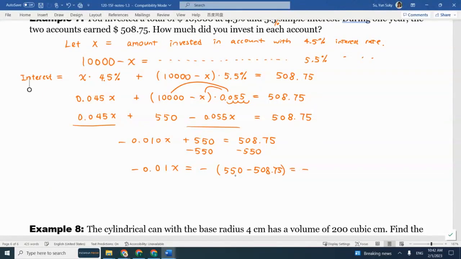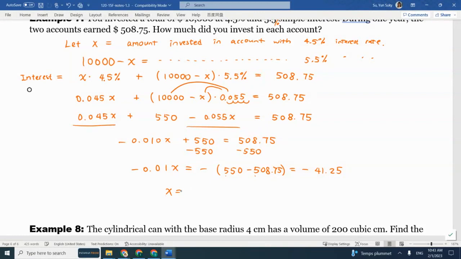Therefore, it's negative. 5 and 5 cancel. And 50 minus 8.75 is 41.25. Right? Okay, use your calculator. So 508.75 minus 550. Yes? Mm-hmm.